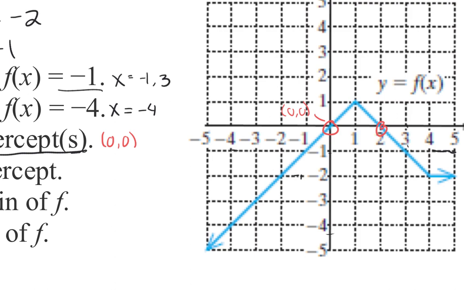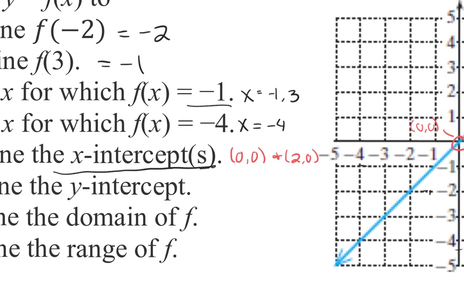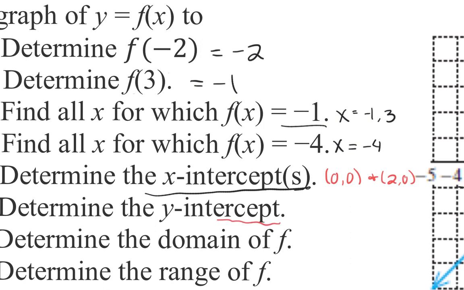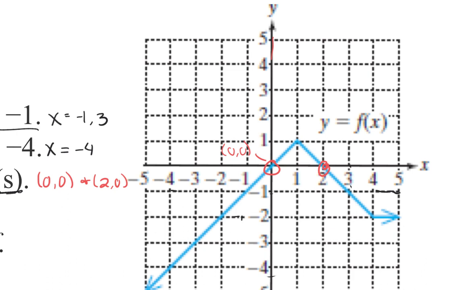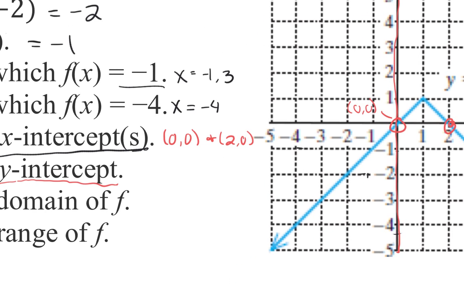And then we also have this one, which is at 2, 0. Now for the y-intercept, here we only have one. That's just going to be when x is 0. So just along this line, again, that will actually be the same value as one of our x-intercepts, at 0, 0.